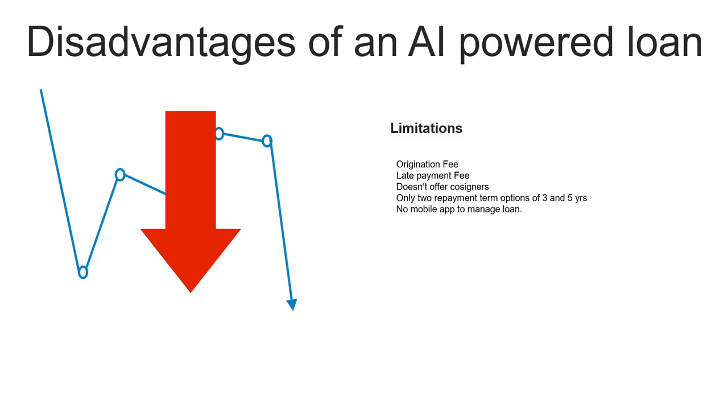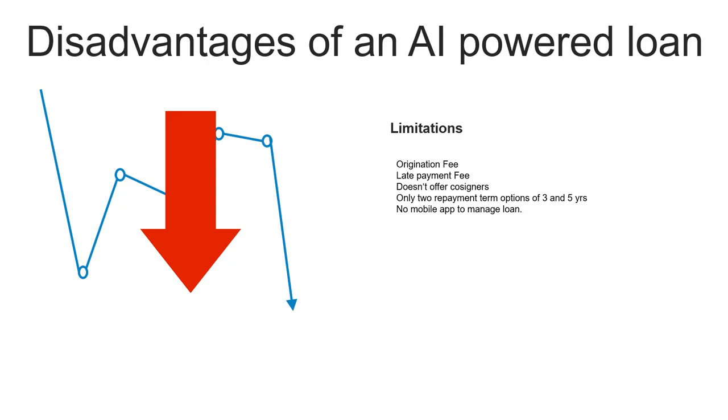And this origination fee will be considered in the pricing of the loan when we make an application for a consumer loan. There is a late payment fee if a borrower is delayed in making the monthly repayment.